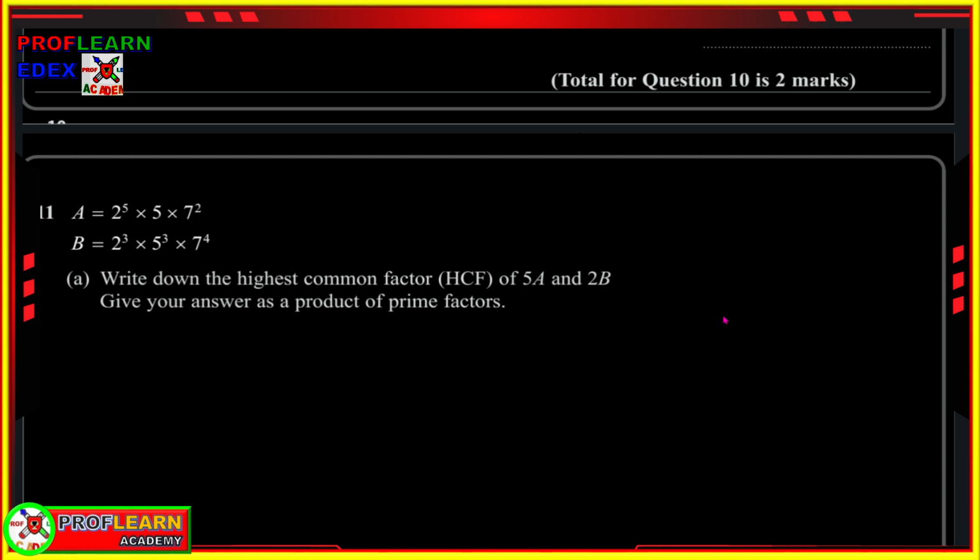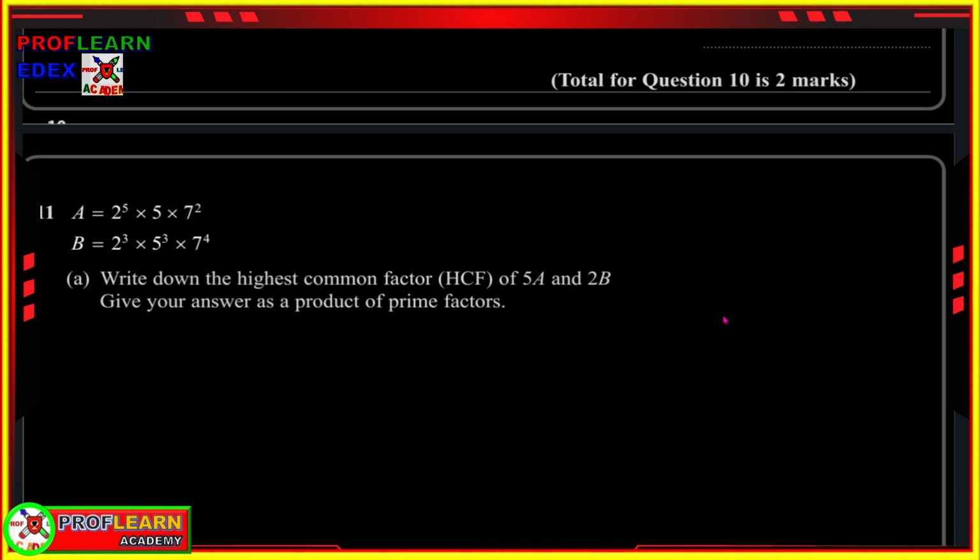So we have question number 11. We are supposed to write down the highest common factor of 5a and 2b. Highest common factor of 5a and 2b.